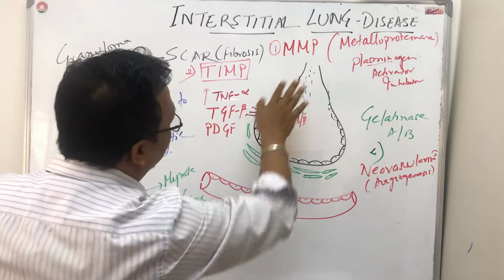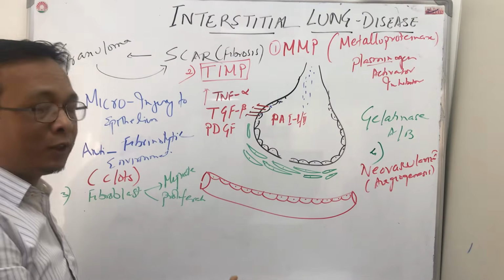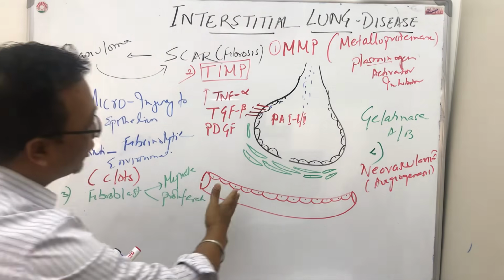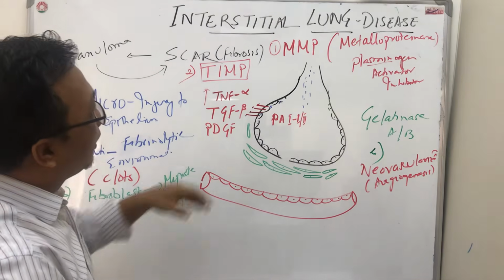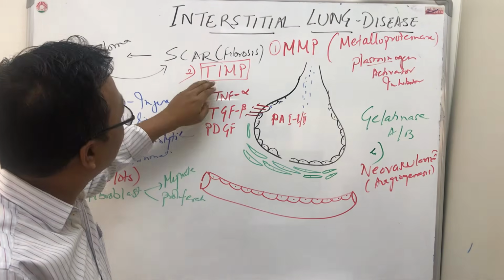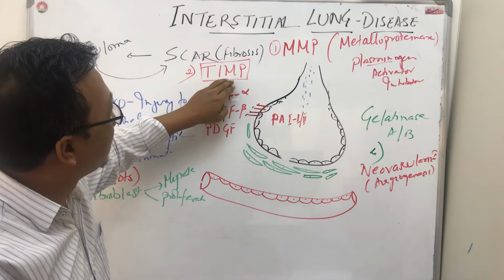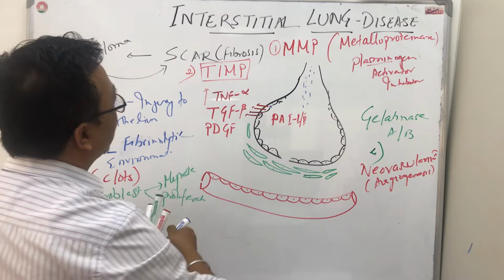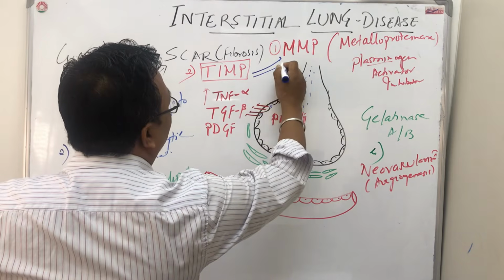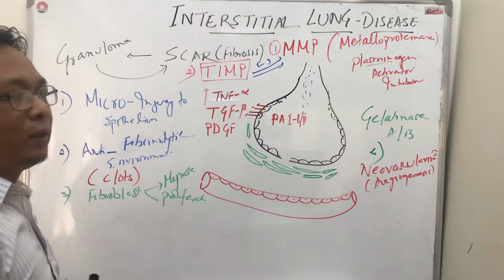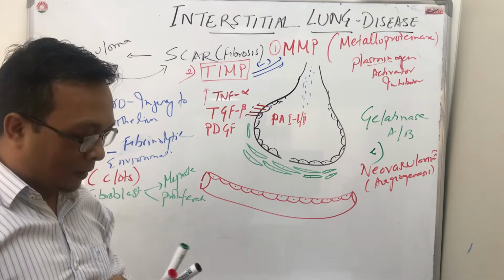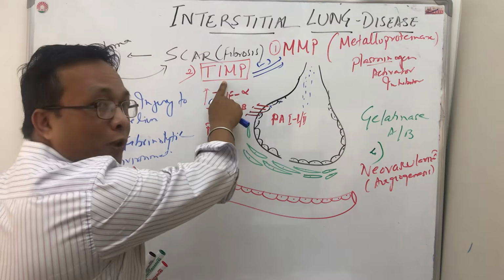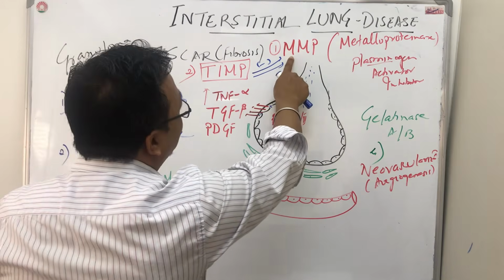This MMP promotes angiogenesis; when there is enough MMP, they always promote it. To counteract that, the tissue inhibitor metalloproteinase always inhibits the metalloproteinase. So in our body there is a balance that exists between the tissue inhibitor metalloproteinase and the metalloproteinase enzyme.